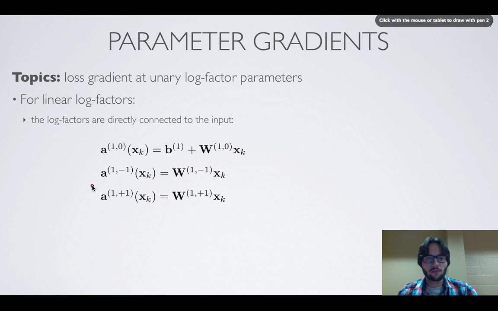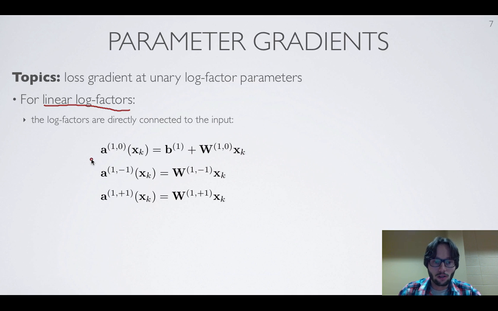So let's look at the specific case of a linear chain conditional random field, where the log factors are linear. This would be the neural network from the center, the computation that looks at the aligned input: a linear transformation plus bias.